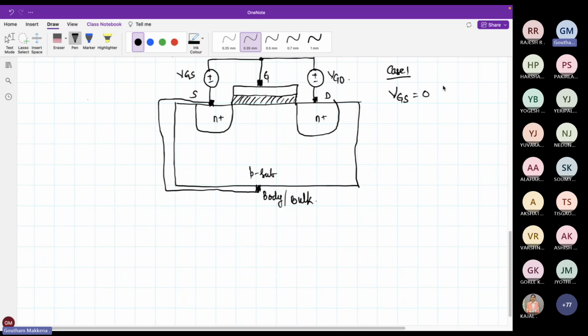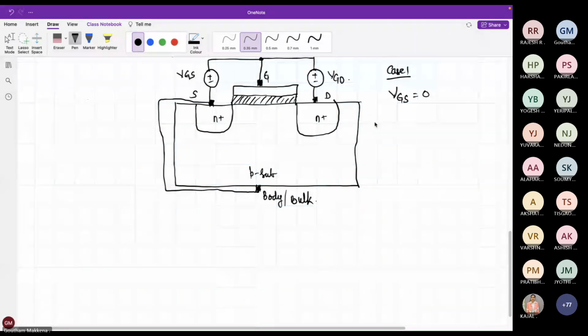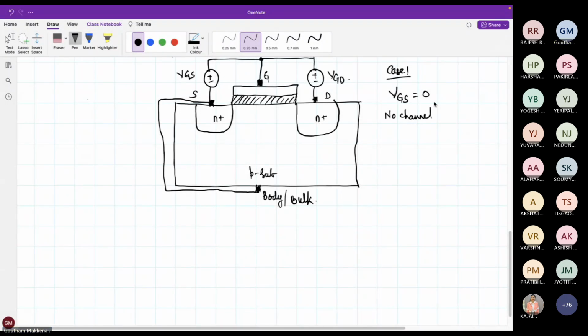When VGB was equal to 0, was there any channel formed? No. So in this case, VGS is nothing but VGB. Do we have any channel? No, there is no channel.